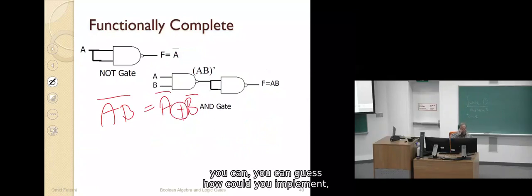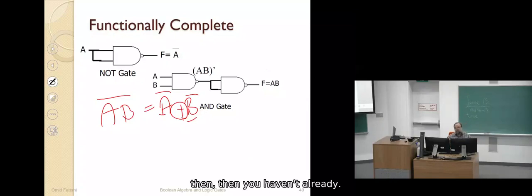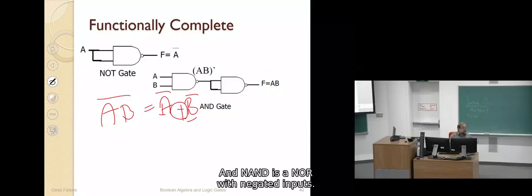From this you can guess how you could implement OR. If you invert both inputs first and then NAND it, then you have an OR. And NAND is an OR with negated inputs.